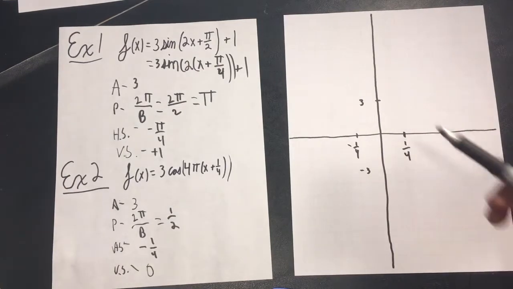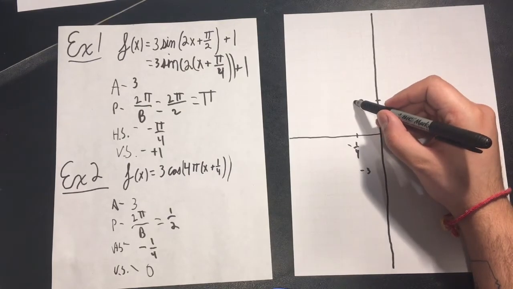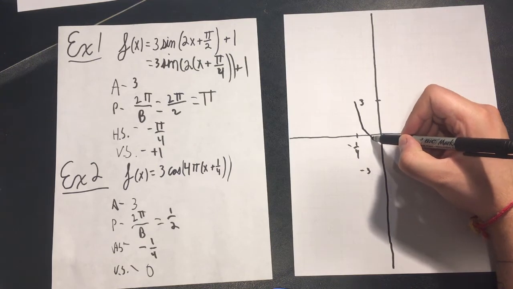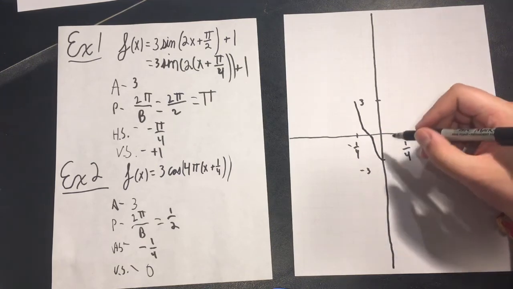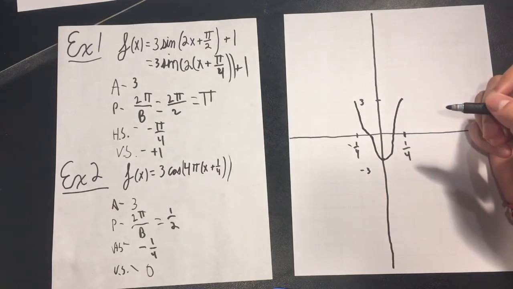Okay. Now we have a cosine function, so we start from our maximum, which is right here, and by our midpoint, we go down here and return back to our starting position up there.